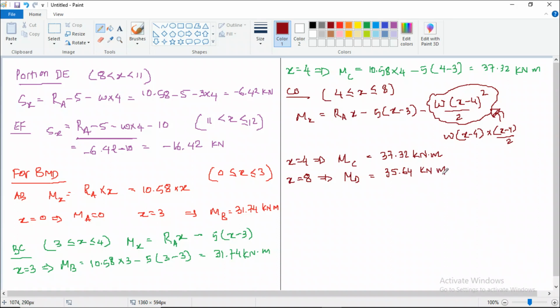Now let us move to the next portion, that is portion DE. Again, first we'll write the range of DE, that is 8 and 11.